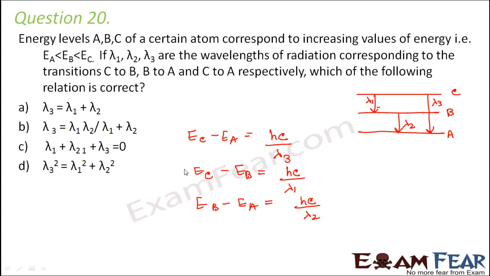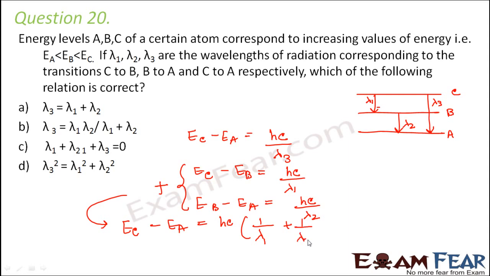Now what we do is we add these two equations. The moment we add them, we get EC minus EA is equal to HC into 1 by lambda 1 plus 1 by lambda 2. So this is what we get. Now let's call this equation 2. If you compare equation 1 and 2, the left hand side is the same for both of them.